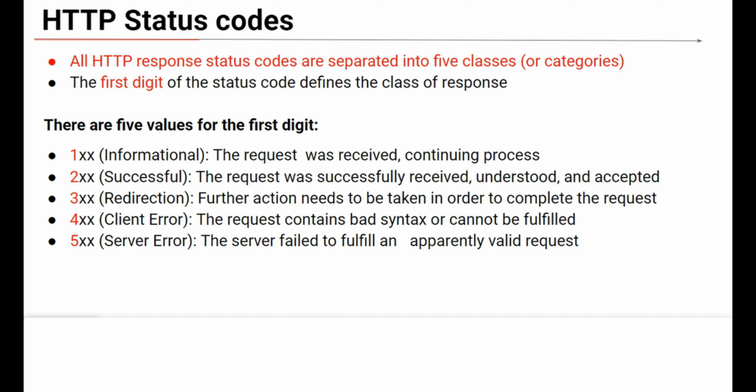There are 5 values for the first digit. If the first digit is 1, it means that the request was received and the process continues. 2 means successful, so the request was successfully received, understood, and accepted. 3 means redirection, and 4 and 5 mean errors.